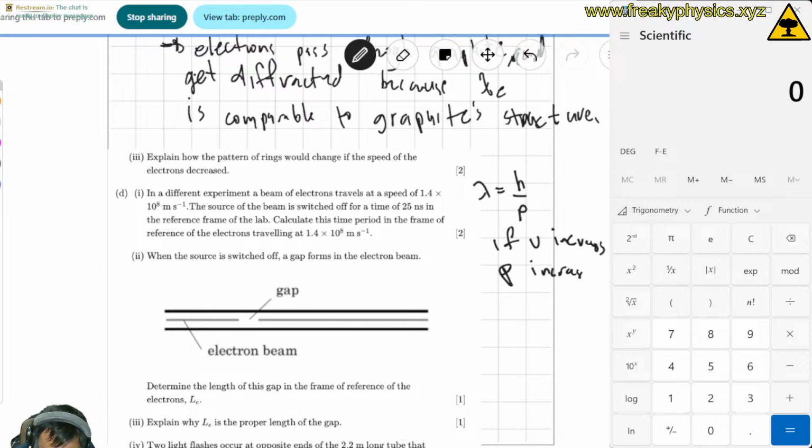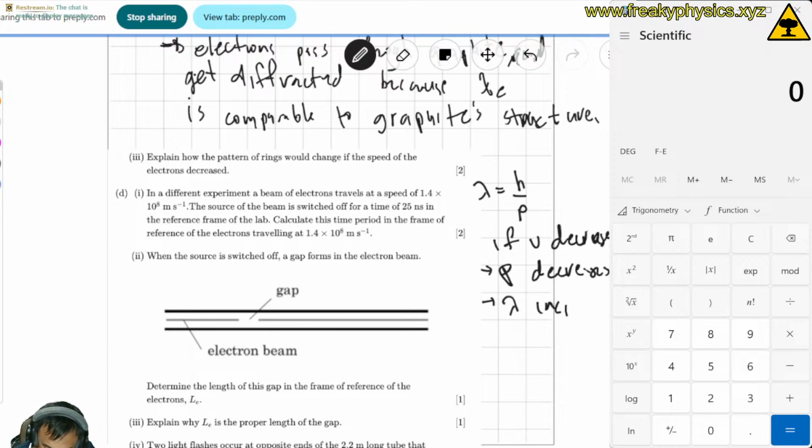So what happens to the wavelength? It decreases. But the question says the speed decreases, so let's reverse that. If V decreases, then P also decreases, and therefore the wavelength increases.